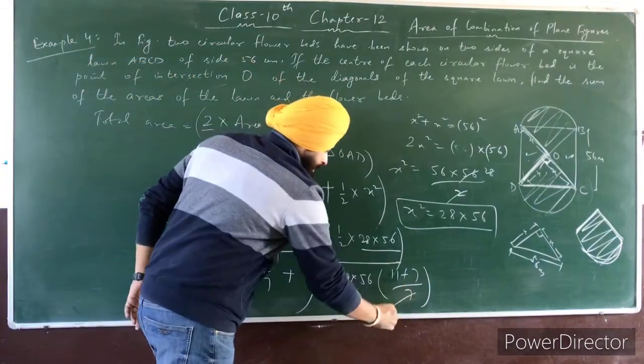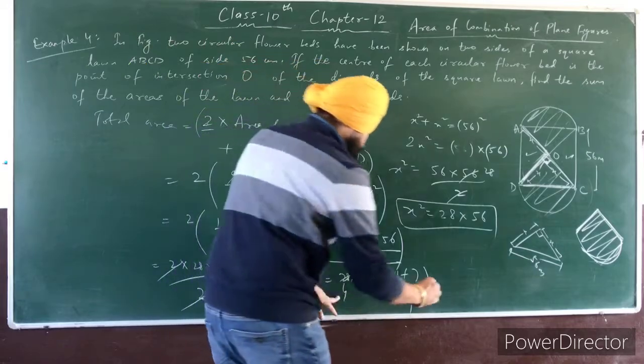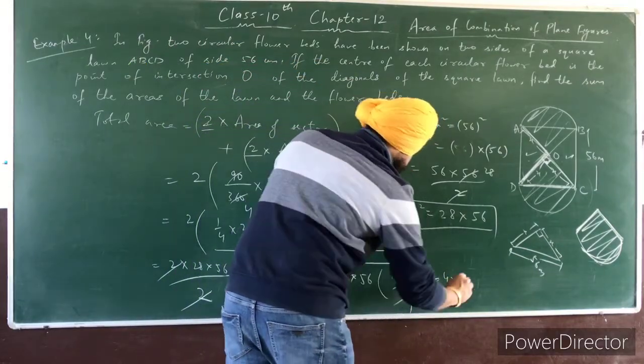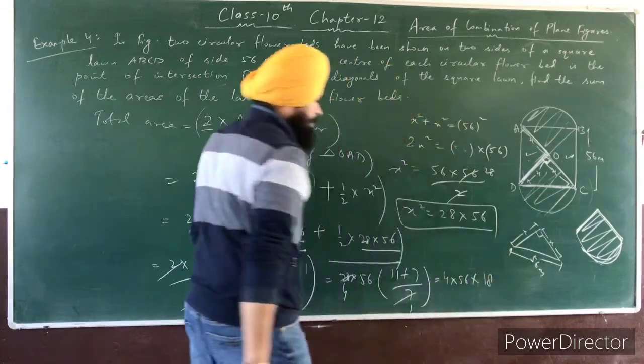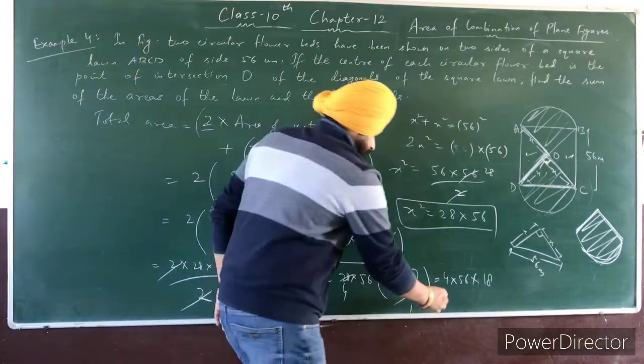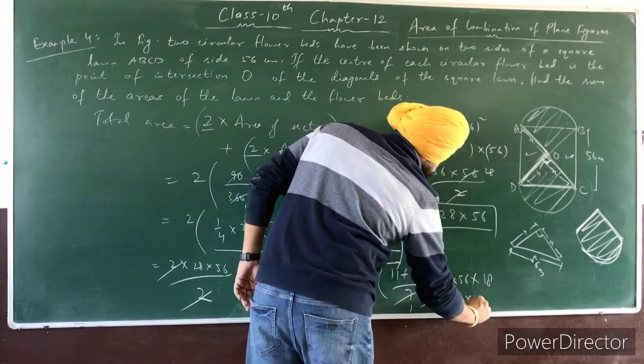Now you should cancel this 7 over 7. Seven 4s are how much? 28. Now it is 4 into 56 into 11 plus 7. It is how much? 18. Now 18 4s are 72.